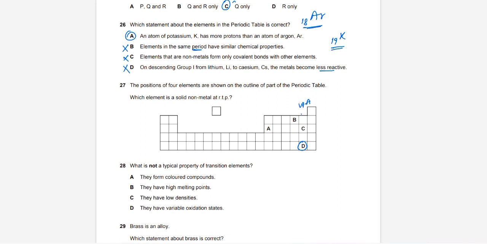Astatine is here, but this is iodine. Iodine is solid. This other one is aluminium, which is a solid metal. This is oxygen. This is fluorine, chlorine, bromine, iodine. Iodine is the solid. Chlorine is also a gas.